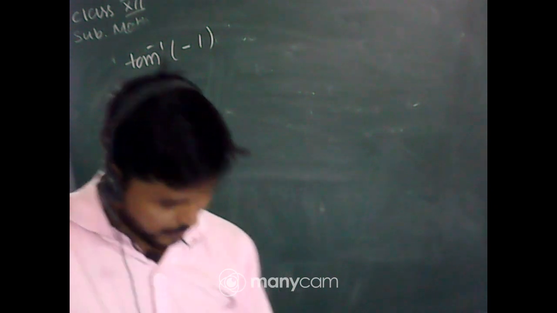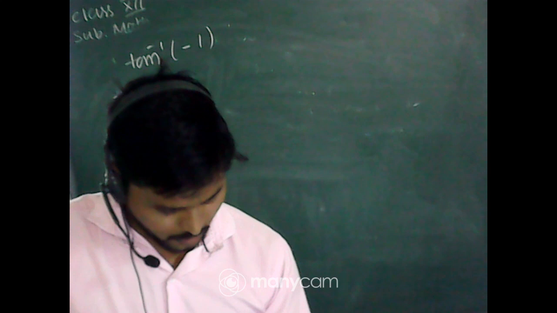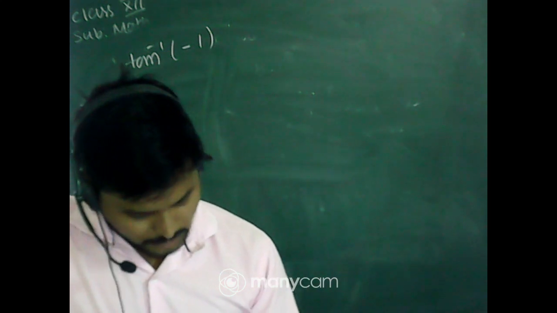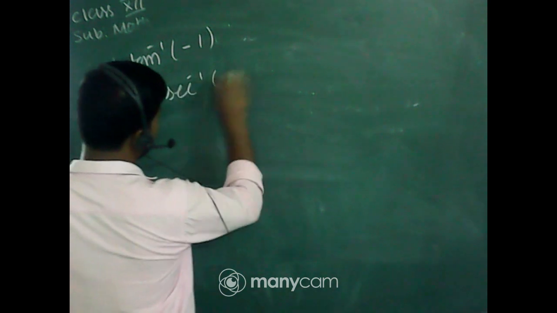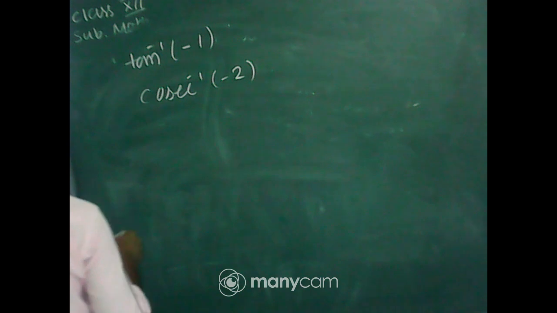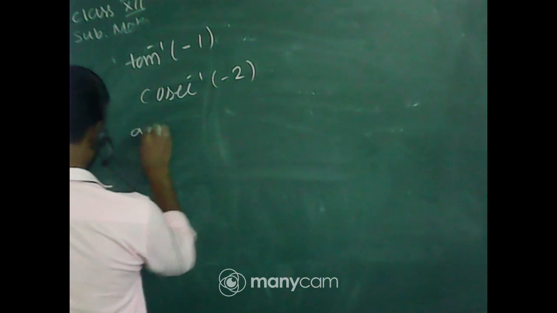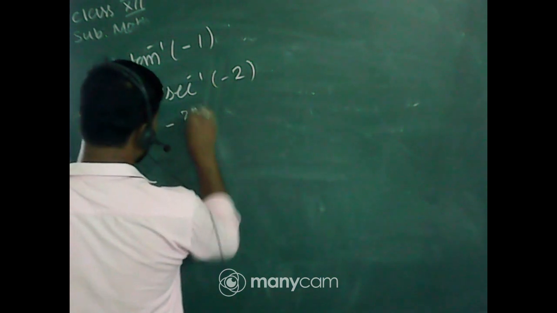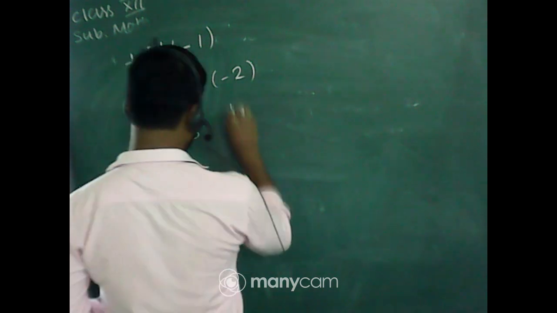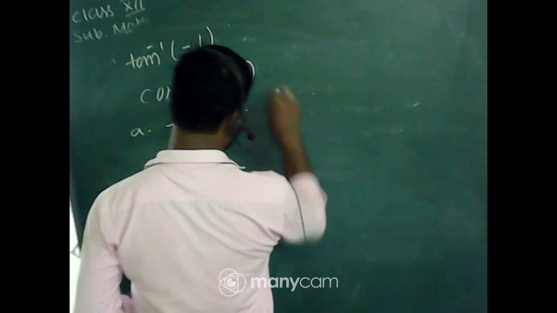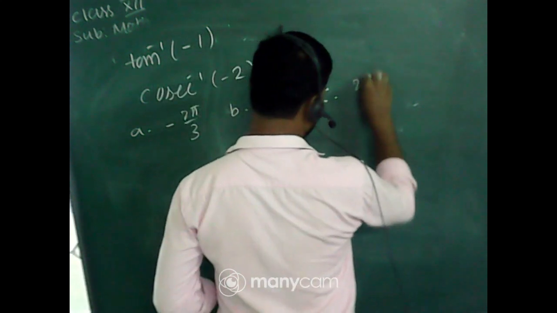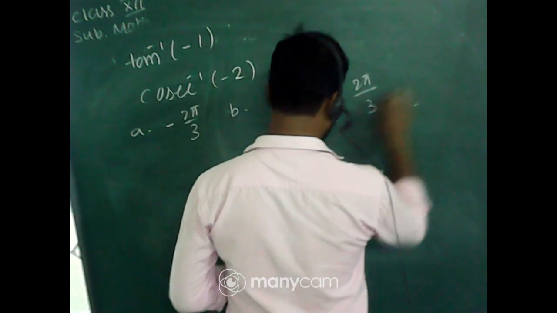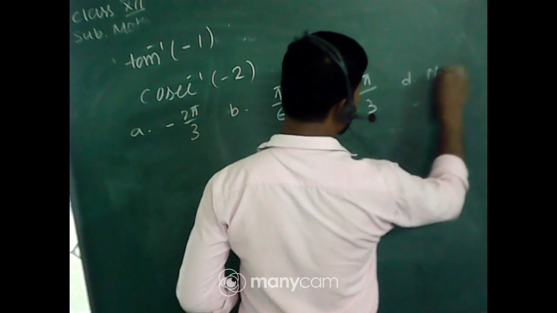Okay, now find the principal value of cosec inverse minus 2, and the options are: A is minus 2 pi by 3, B is pi by 6, C is 2 pi by 3, and option D is none of this.